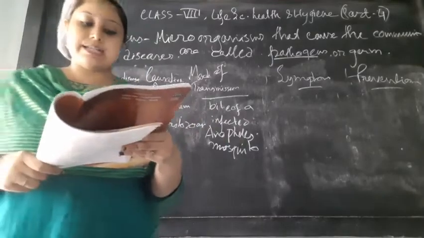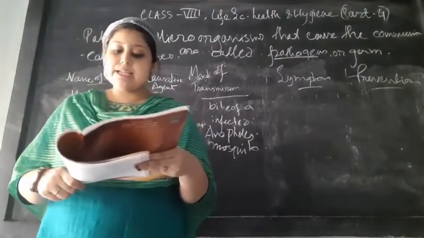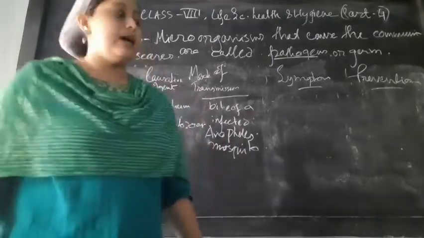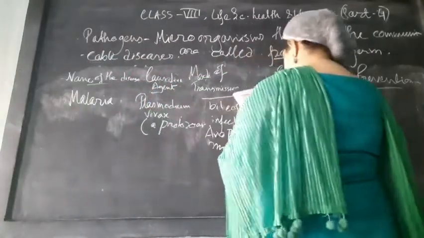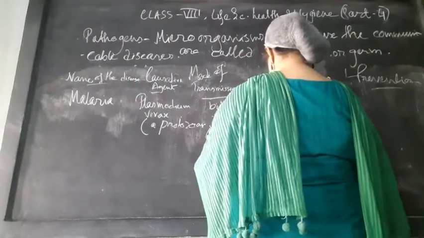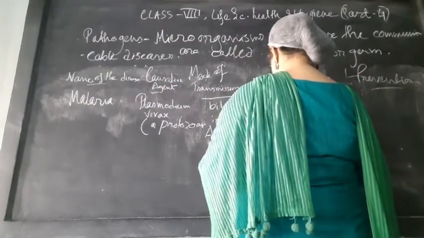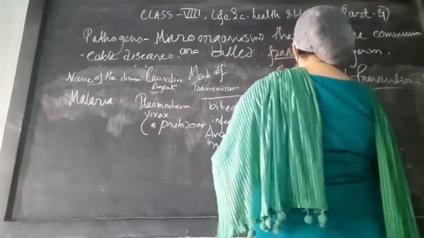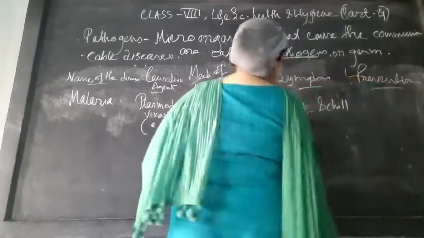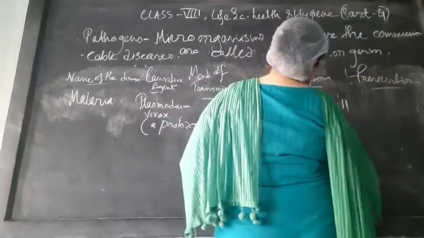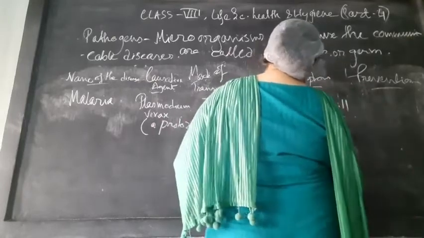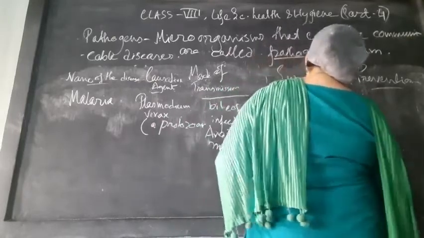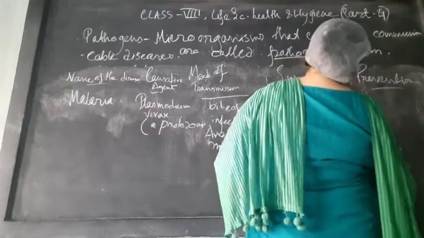Vomiting and severe headache occur, and when the fever subsides there is profuse sweating. The high and chill phase of fever continues for 3 to 4 days.